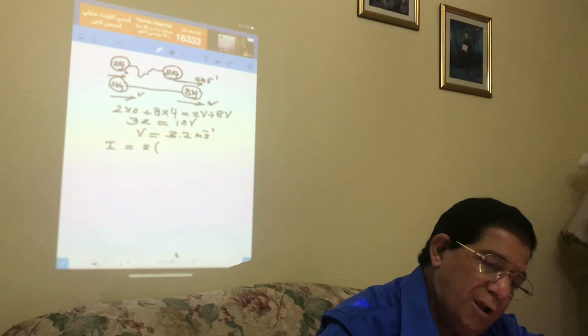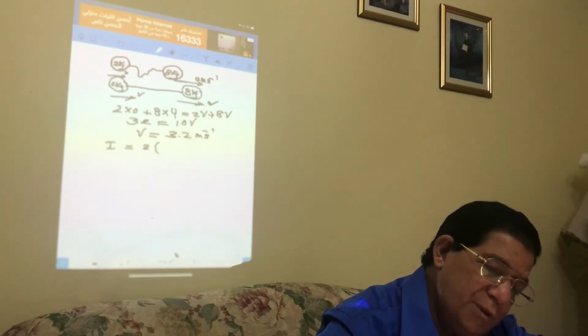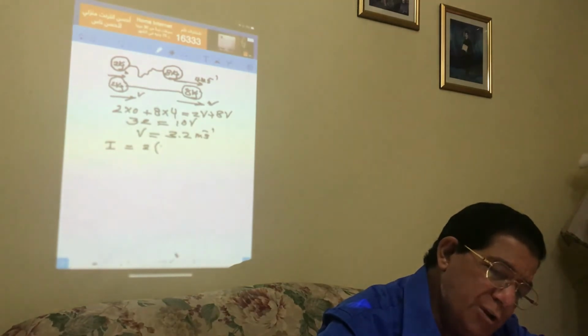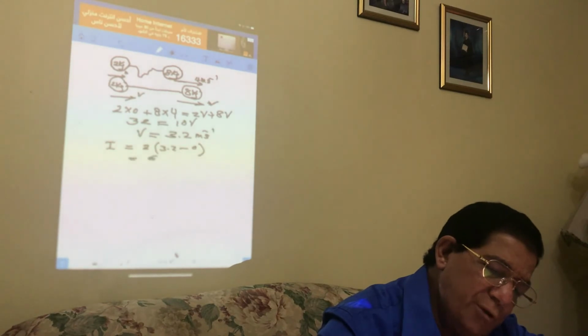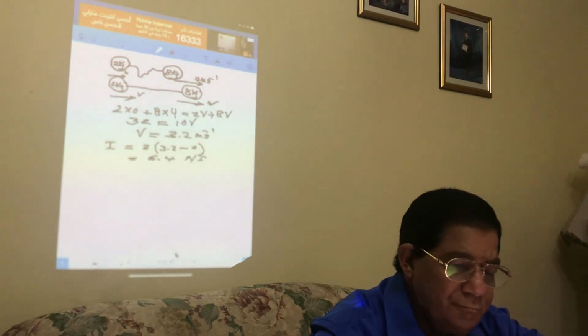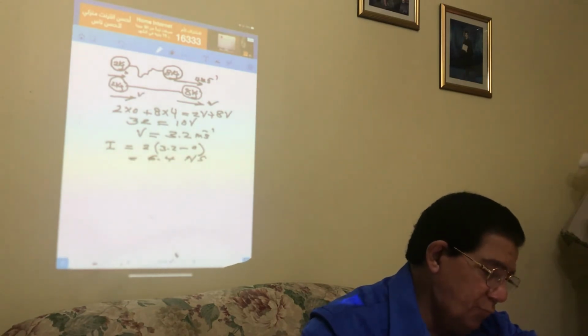We subtract the larger minus the smaller, which means 3.2 minus 0. The answer is 6.4 Newton second.